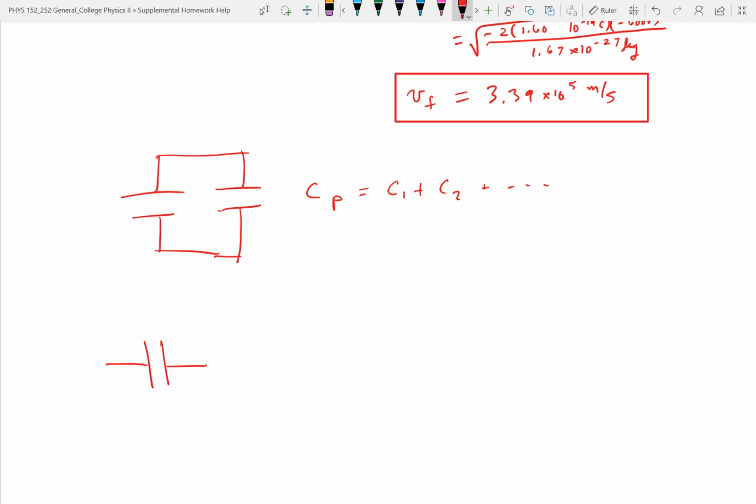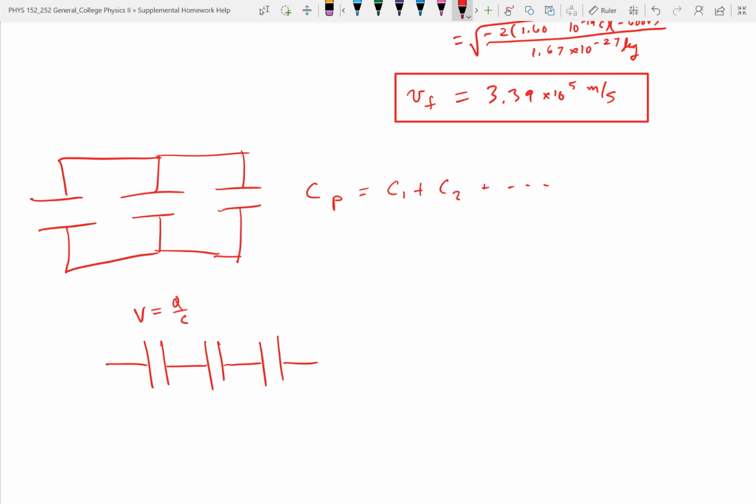And then for series, would it be in the fractions? Yes. For capacitors that are in series, I should put a third one here. When they're in series, you have the same charge on each one. And so you have a bigger voltage because each one has V equal to Q over C. You have the same charge passed, but a bigger voltage because you have three of them instead of just one.